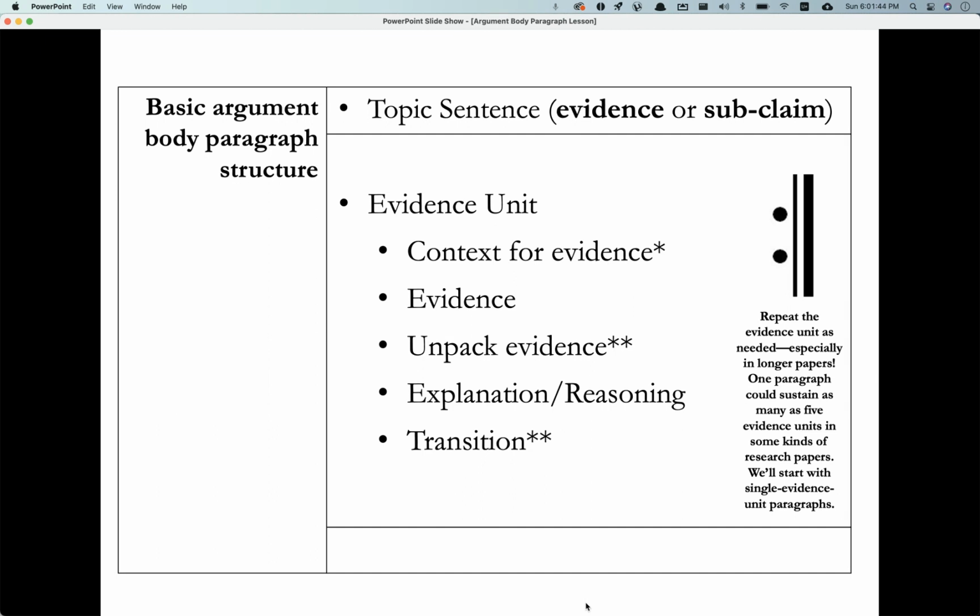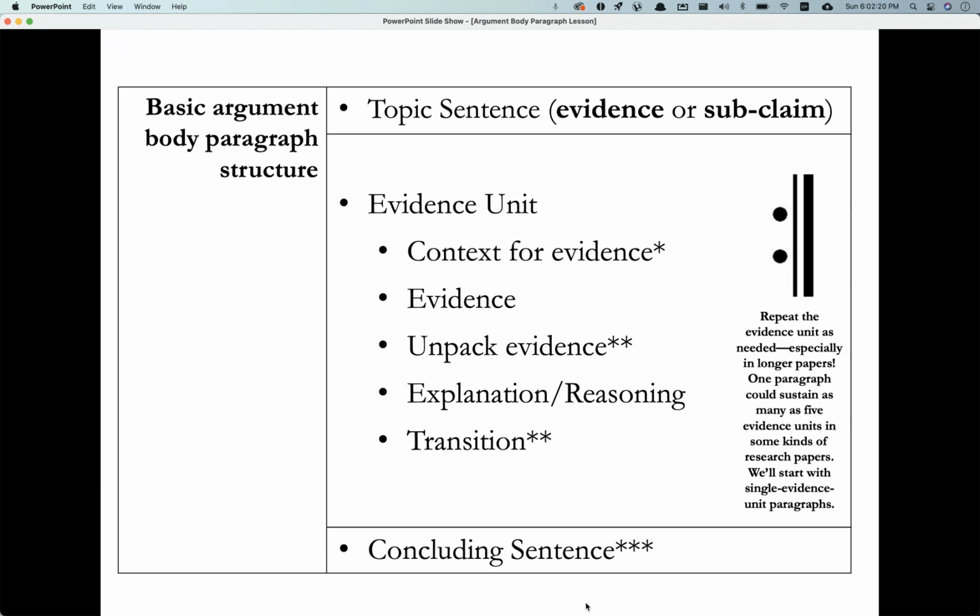A slightly more developed paper might have 3 pieces of evidence or subclaims in the thesis statement, 3 paragraphs with 1 or 2 evidence units in each. So just know that this is an iterative process. You can have a paragraph that's written like: topic sentence, context, evidence, unpack, explanation, reasoning, transition, context, evidence, unpack, explanation, reasoning, concluding sentence.